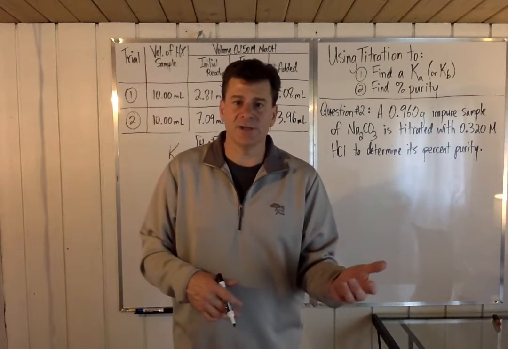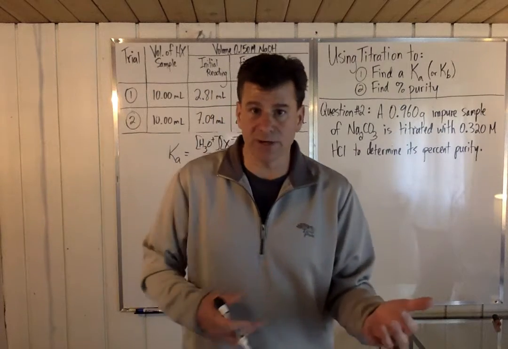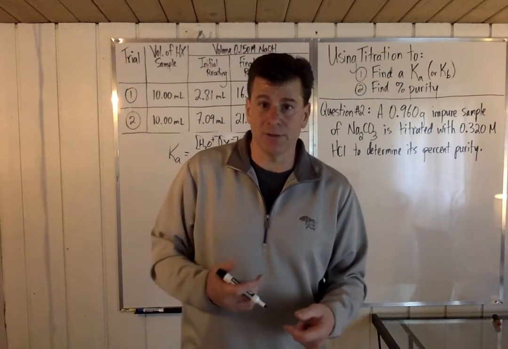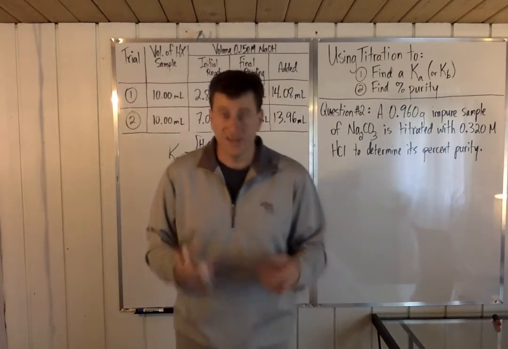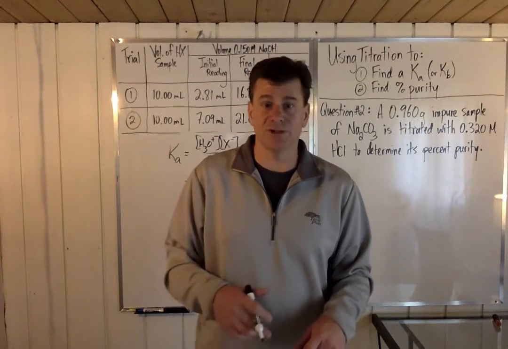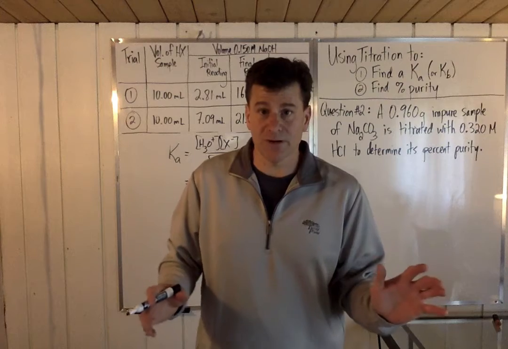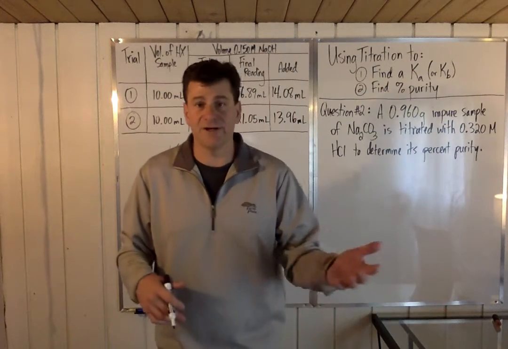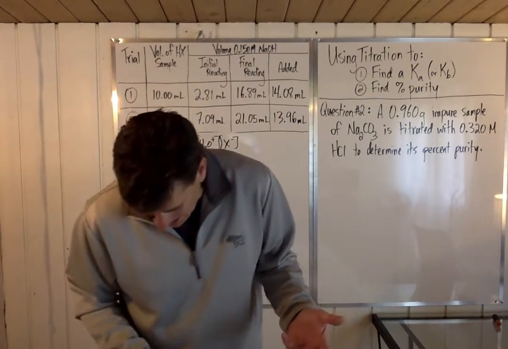So that's the strategy of the chemist in this one. You've got Na2CO3, it's a base. Let's titrate it with HCl and see how much CO3 2- we have in there. And from that amount, we'll be able to tell how much Na2CO3 was in the original sample. That's our overall strategy. Okay, so let me finish off how much we had here.